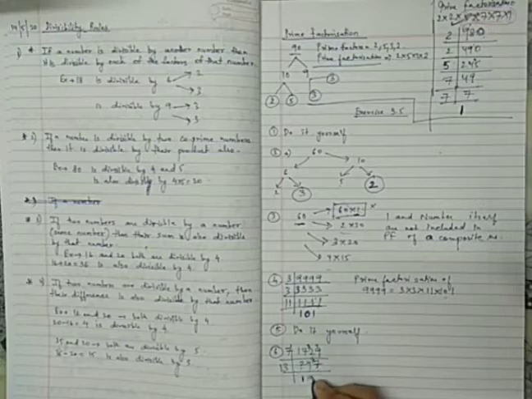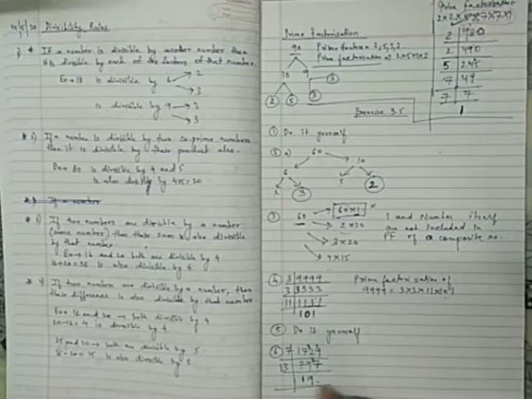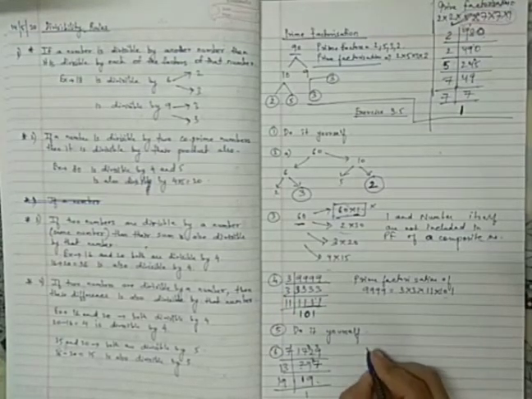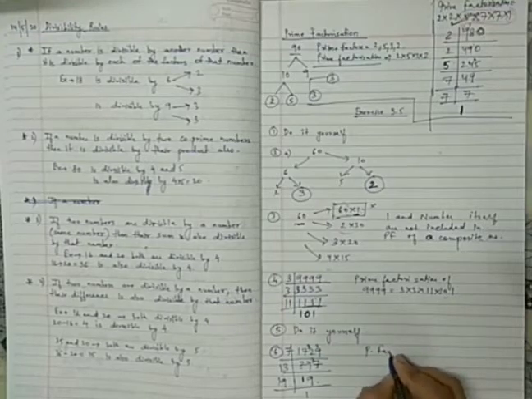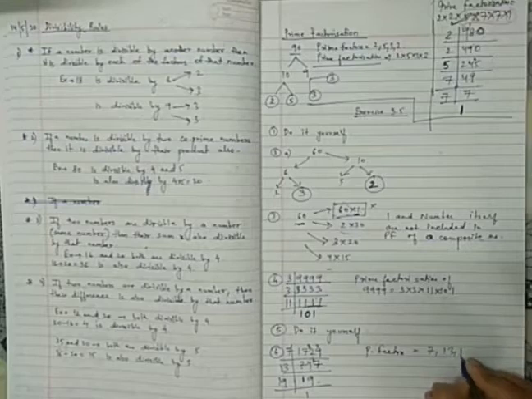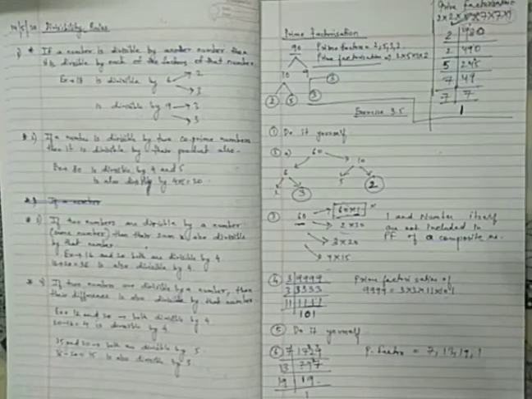So 13 nines are 117. Now further 19 ones are. So you will stop at this. Now the prime factors are 7, 13, 19, 1. You'll stop when you reach 1.